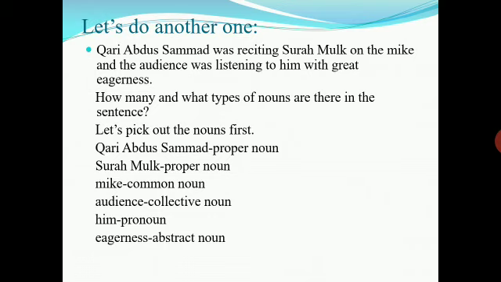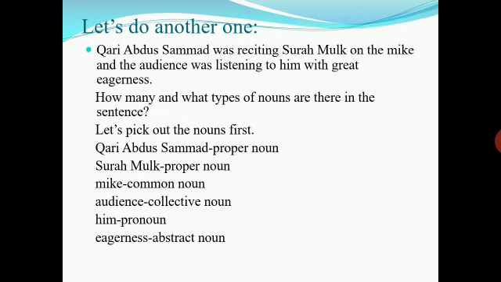Qari Abdul Samad was reciting Surah Mulk on the mic and the audience was listening to him with great eagerness. Let's see how many and what types of nouns are there in this sentence. Let's pick out the nouns first. Qari Abdul Samad, it's a proper noun because it's a name of a person. Surah Mulk, it's a proper noun because it's a name of a surah.